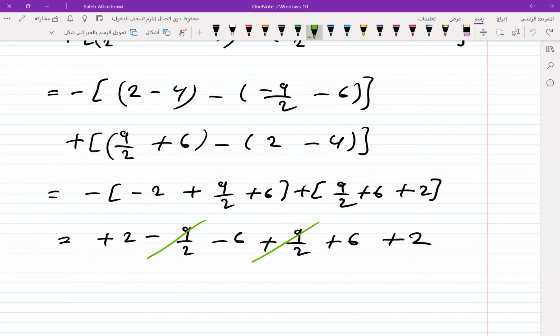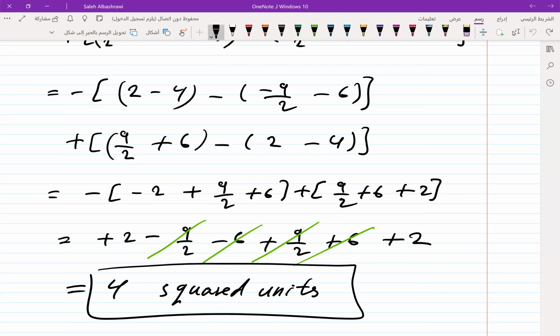This will cancel this one, and this will cancel 6. The answer is 2 plus 2, which is equal to 4. So the answer is equal to 4 square units. So the area of this region is equal to 4 square units.